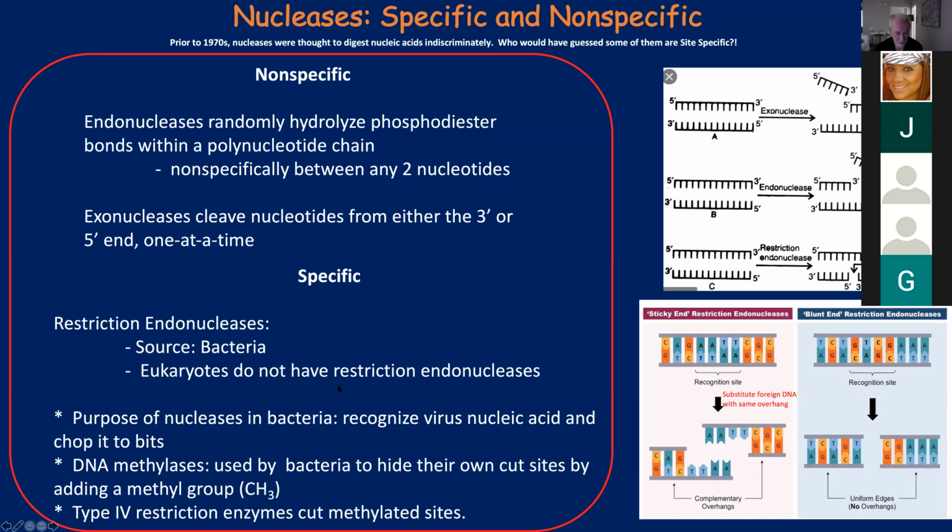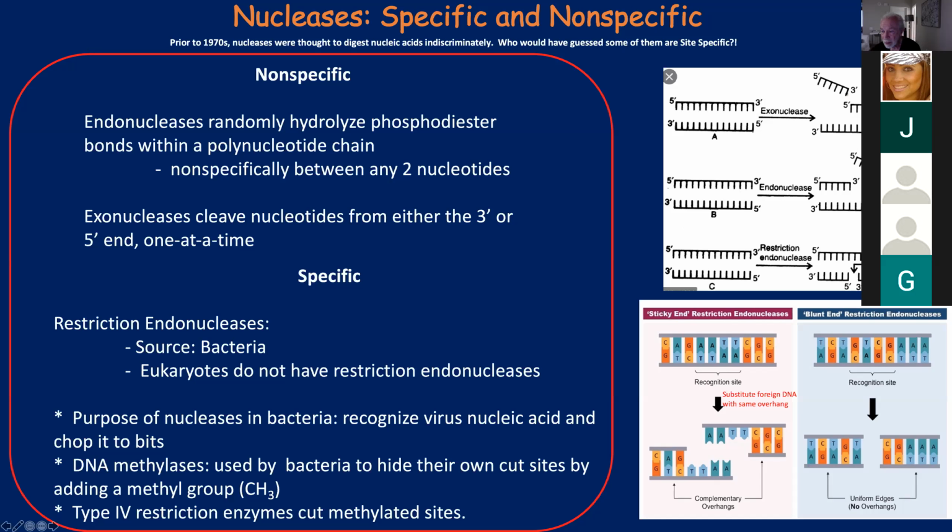So when a virus comes in, the endonuclease chops up its nucleic acid. DNA methylases protect the bacteria from their own enzymes by methylating the restriction enzyme cut sites. But there is a restriction enzyme called type 4, which in fact cuts even methylated sites.